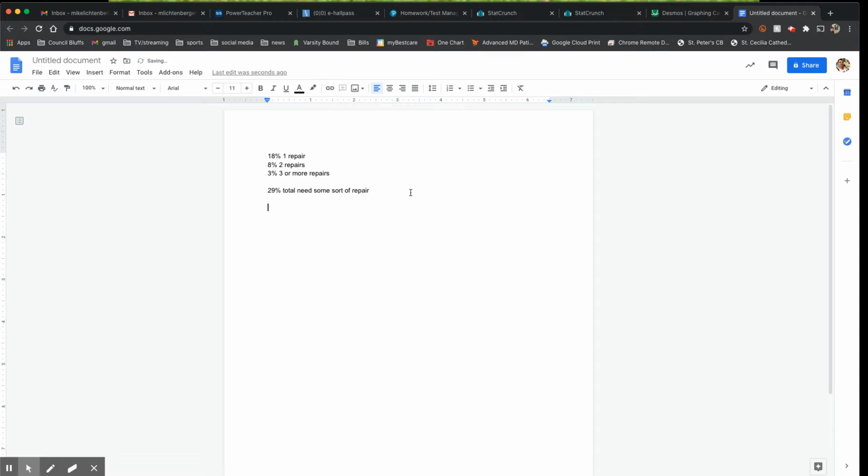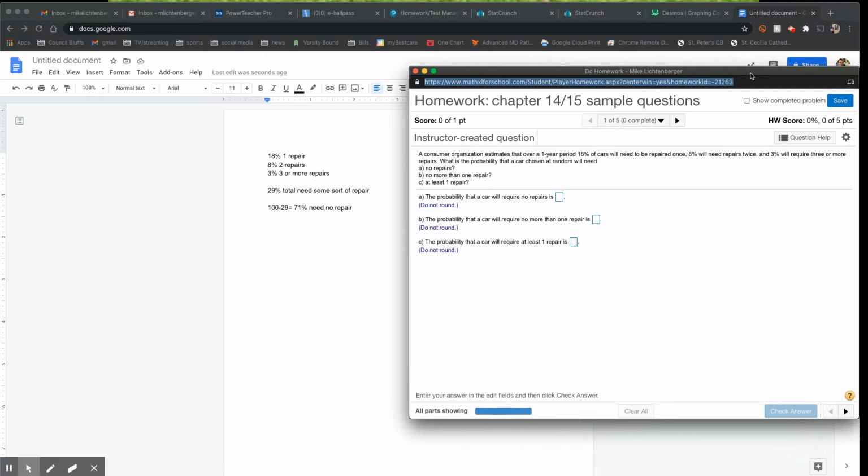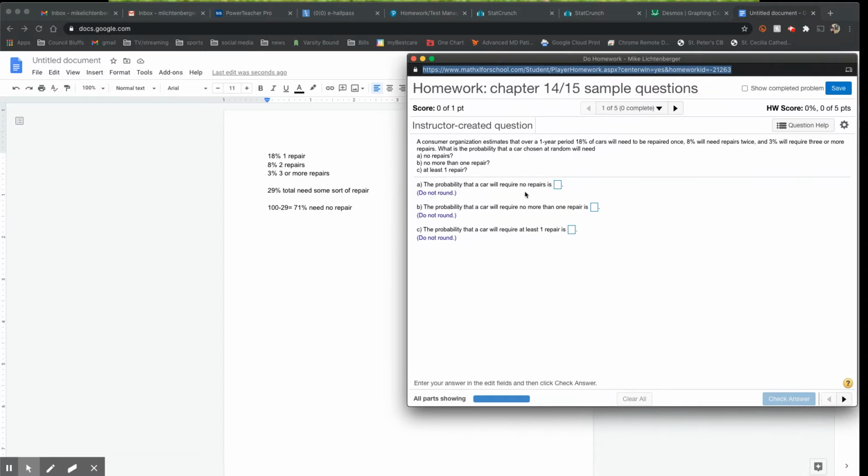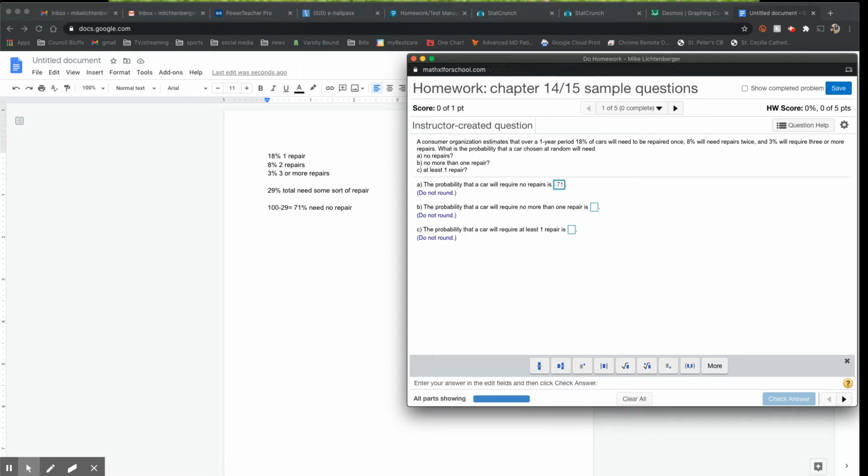Now to figure out the percentage that don't need any repairs at all, I'm simply going to subtract 100 minus 29. So that's going to be 71% need no repair. When I put that in Math Excel, notice there's no percent signs in here, so I'm going to write it as a decimal. So 0.71 is the probability that a car will require no repair.